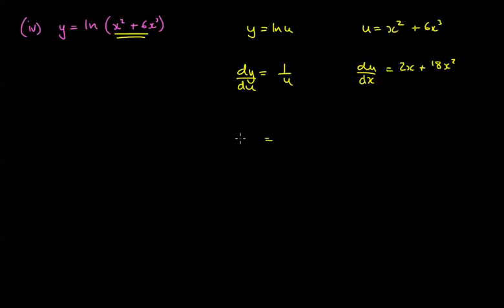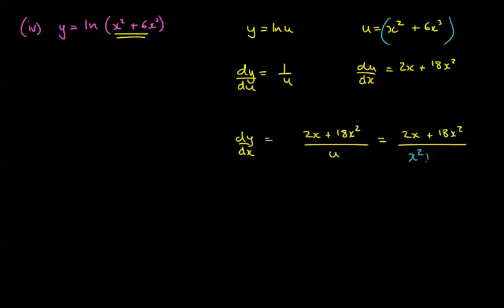We have to multiply them, so dy by dx equals, no hang on, 2x plus 18x squared, and then we're going to times it by 1 over u, so we'll just put it over u. Again this would be 2x plus 18x squared over x squared plus 6x cubed.